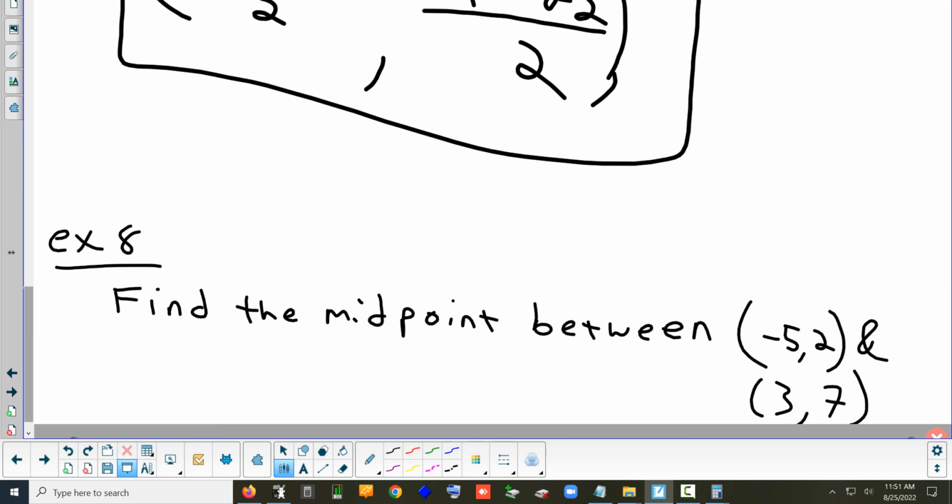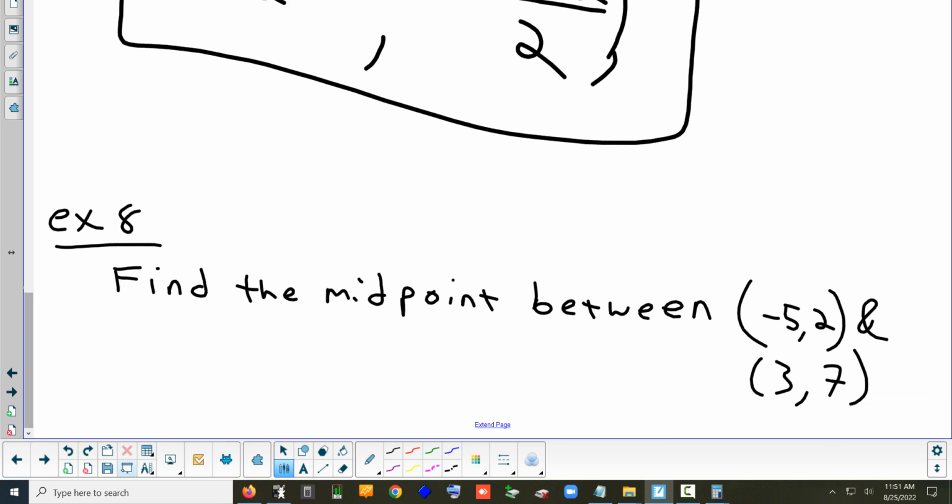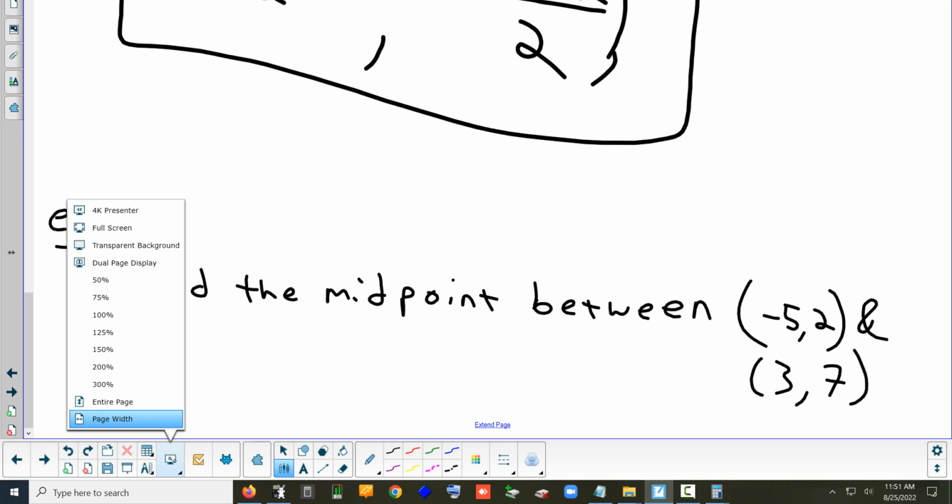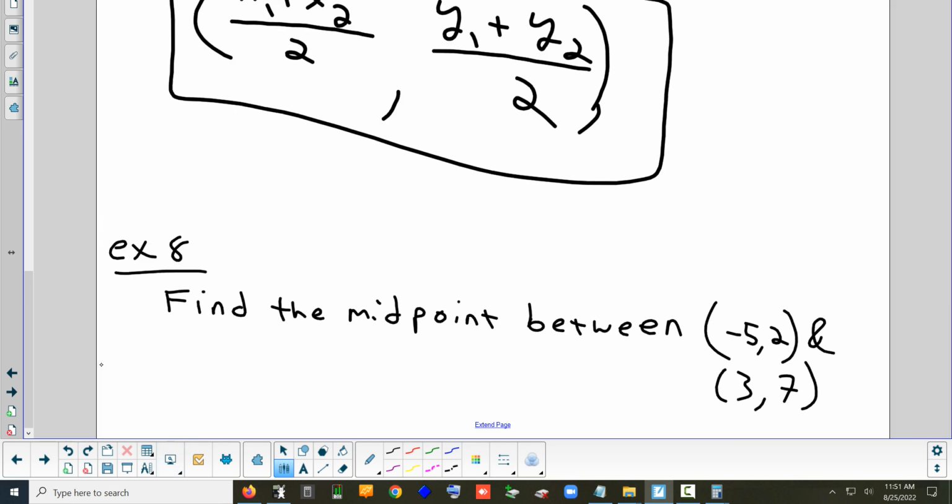Right. So let's find the midpoint between those 2 points. And that'll be the last thing. So, in this case, what would be x1?